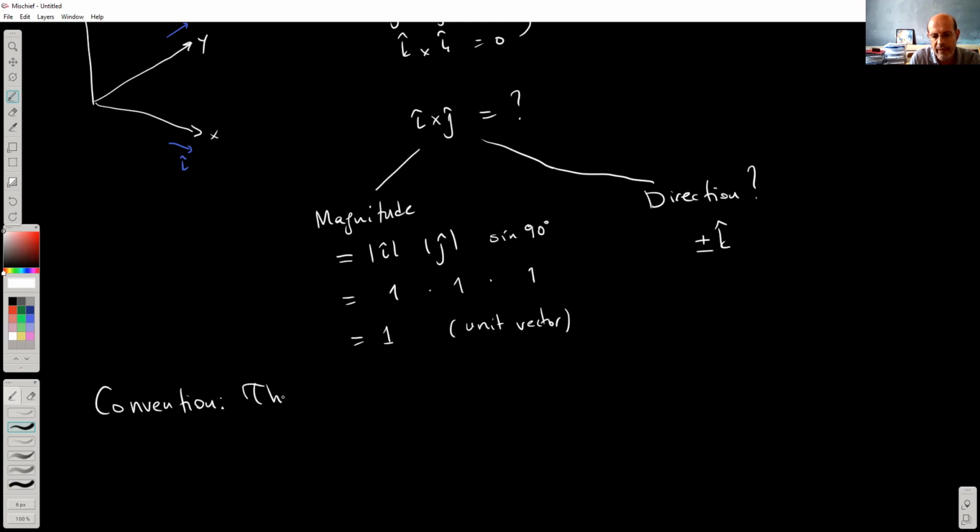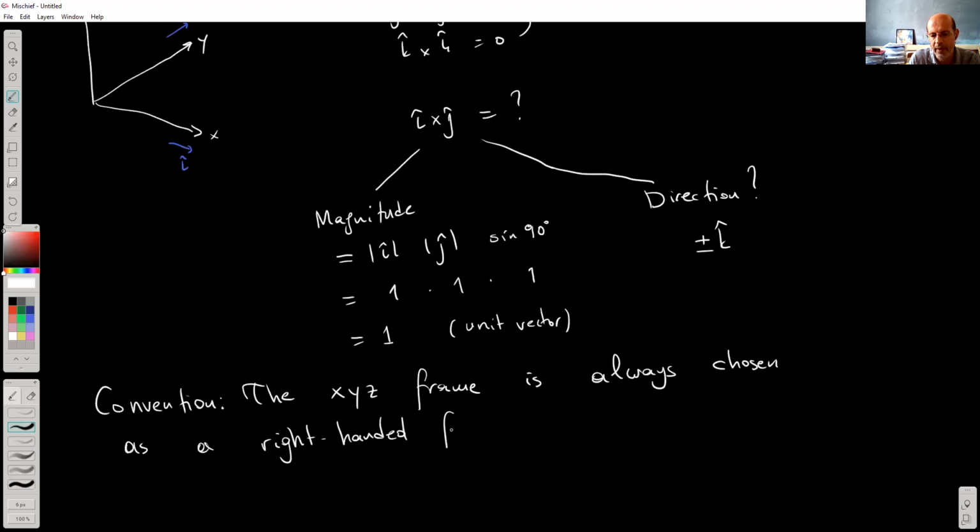The XYZ frame is always chosen as a right-handed frame. This is the expression that I'm going to use. Whenever necessary, I'm going to remind you of this.